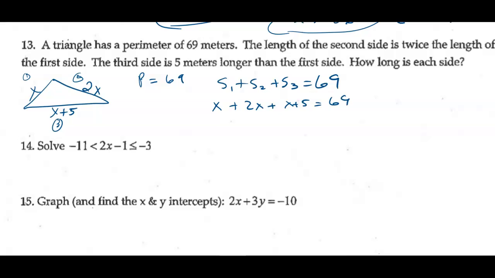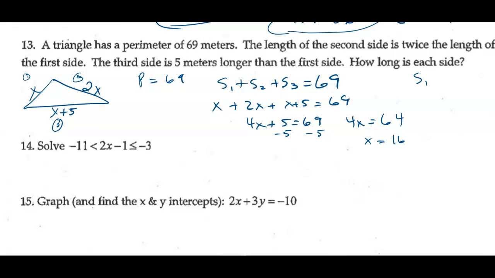All right, what's that give me? 1, 2, 3, 4x. Subtract 5. 4x equals 64, so x equals 16. Go back to your triangle though.